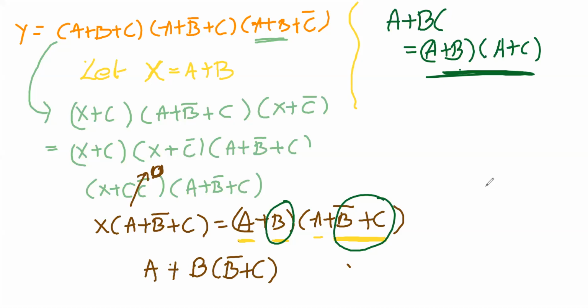So what can we write this expression as? A or plus B B bar plus B C. So what is B bar? Zero. Sorry, B bar is 0. Yes, so the answer is A plus BC.